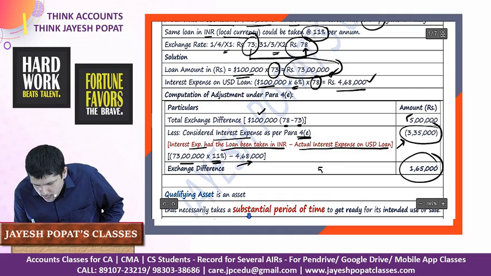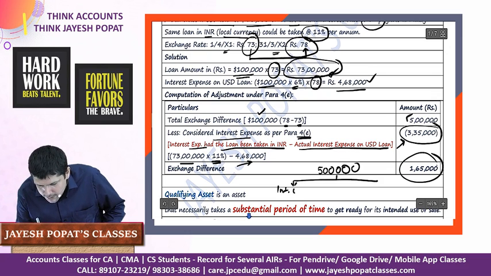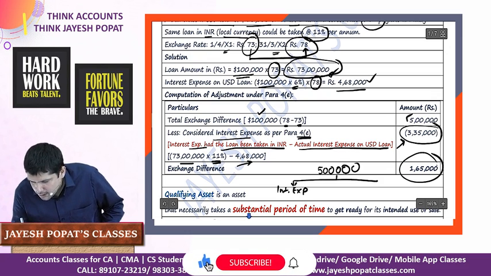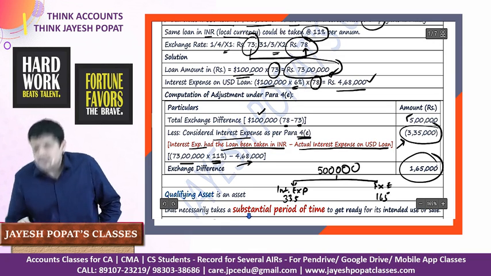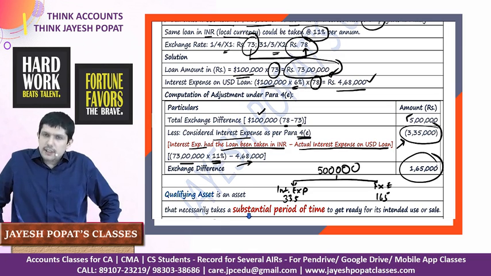So the actual foreign currency fluctuation of 5 lakh will be divided into two portions. One portion will be treated as interest expense, another portion will be treated as foreign currency fluctuation. The interest expense will be 3,35,000 and the balance 1,65,000 will be considered as my foreign currency fluctuation.